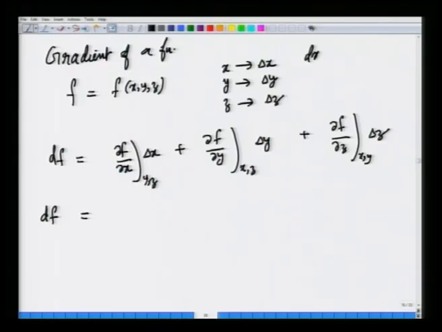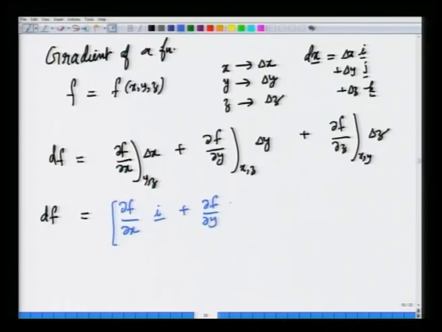The displacement vector that we have undergone is delta x i plus delta y j plus delta z k. So, I can rewrite this as a vector, partial f partial x i plus partial f partial y j plus partial f partial z k, dotted, this is the dot product in vectors, with delta x i plus delta y j plus delta z k.